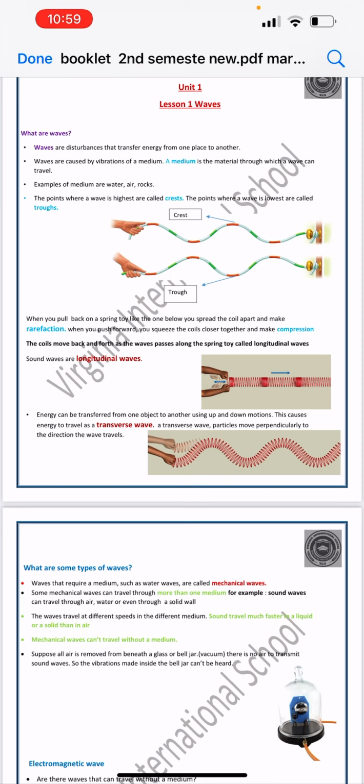And this is the wave which is horizontal to the direction of the wave. They are moving back and forth. So according to the shape, we have two shapes, whether they are longitudinal or whether they are transverse, whether they are moving back and forth in the longitudinal or up and down in the transverse.